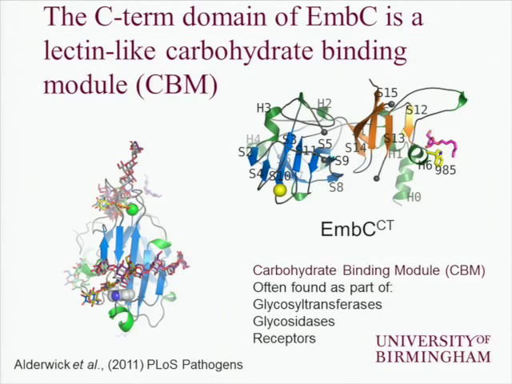And what we found from the fold was that the C-terminal loops belong to a carbohydrate binding module, as characteristic of many glycosyltransferases, glycosidases, and receptors. So this gave us a first inroad in terms of the structural basis of one of these glycosyltransferases.